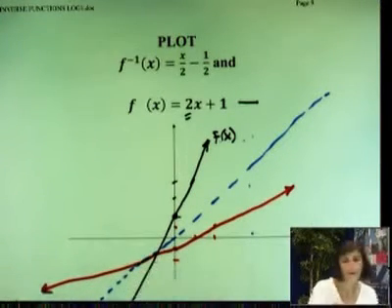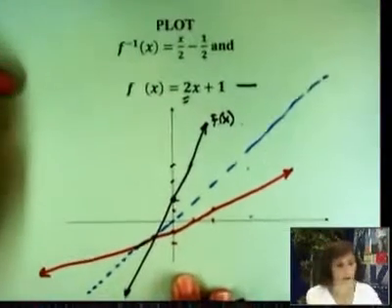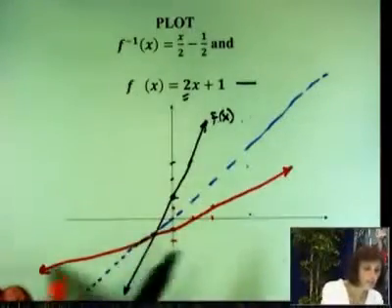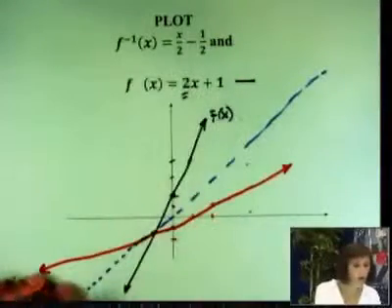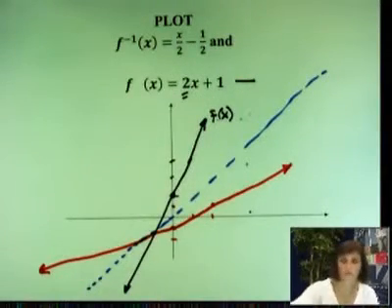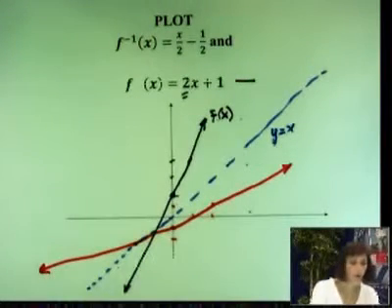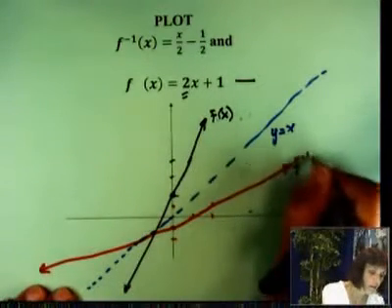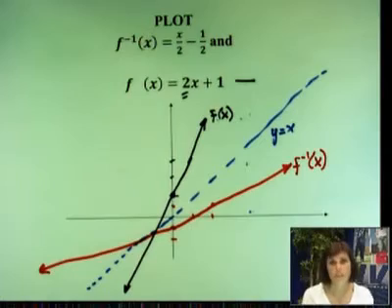Do you see it? I should have used the ruler. But look at it. Here's my original. Here's my inverse. And they are mirror images along y equals x. So you can always check it graphically, and the inverses will always behave that way.